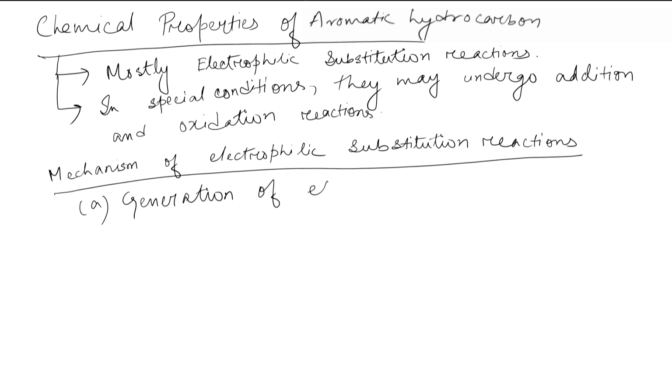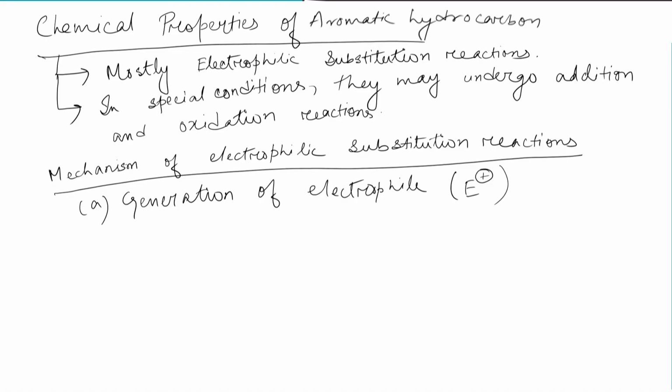generation of electrophile. Okay. So, first of all, we will have to generate the electrophile. Electrophile is represented like this, E plus. Why? Because electrophile means the species that loves electrons. Okay. So, previously we had also discussed about electrophiles when we were studying about alkenes and alkynes, that electrophiles are those species which reacts with electron rich compounds because they are themselves electron deficient.